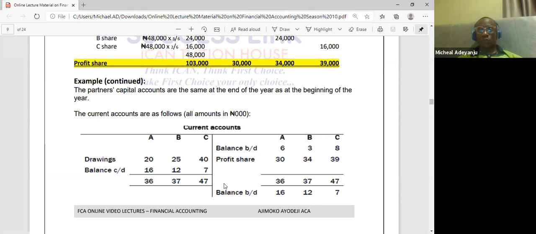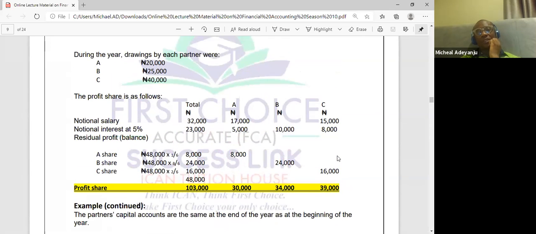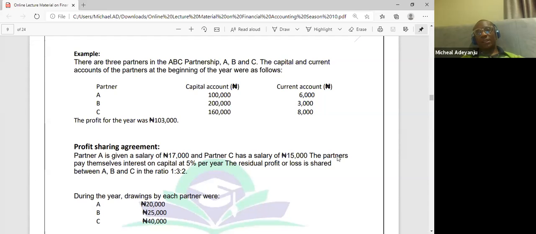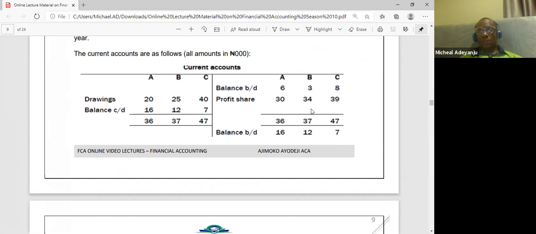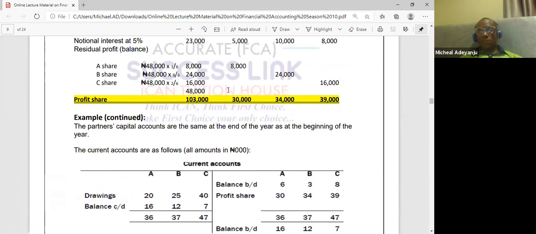So in the current account, we have balance b/d of 60,000, 40,000, and 8,000. How do we get these 60,000, 40,000, and 8,000 in the first place? Remember, the current account is 60,000, 40,000, and 8,000. So that was how it was gotten. The profit share was 30,000, 34,000, and 39,000.